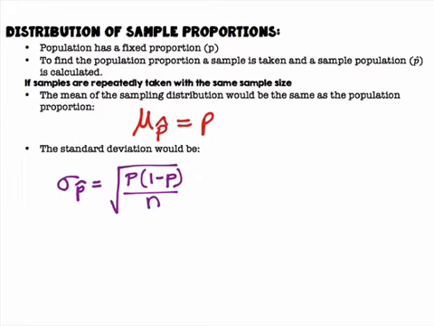So the mean of P hat would be equal to my population proportion if I took several samples of the same size. The standard deviation would be the square root of P times 1 minus P over N. And if we don't know what P is, then we would use P hat in its place.